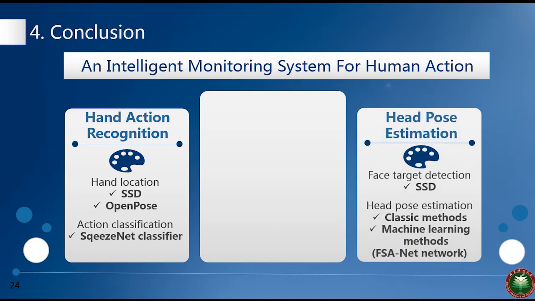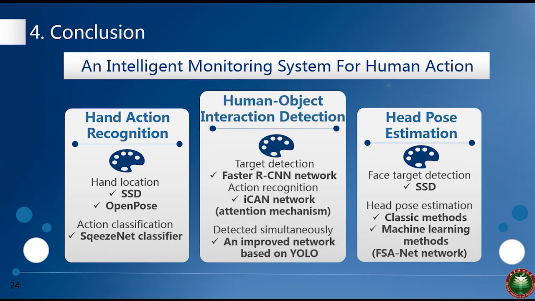The second uses SSD to locate the hand, and uses the classic method and machine learning method to estimate the hand pose. The third one focuses on detecting the interaction between human and object. It uses first RCNN network to locate, and then uses the ICANN network and an improved network based on YOLO to recognize human action.